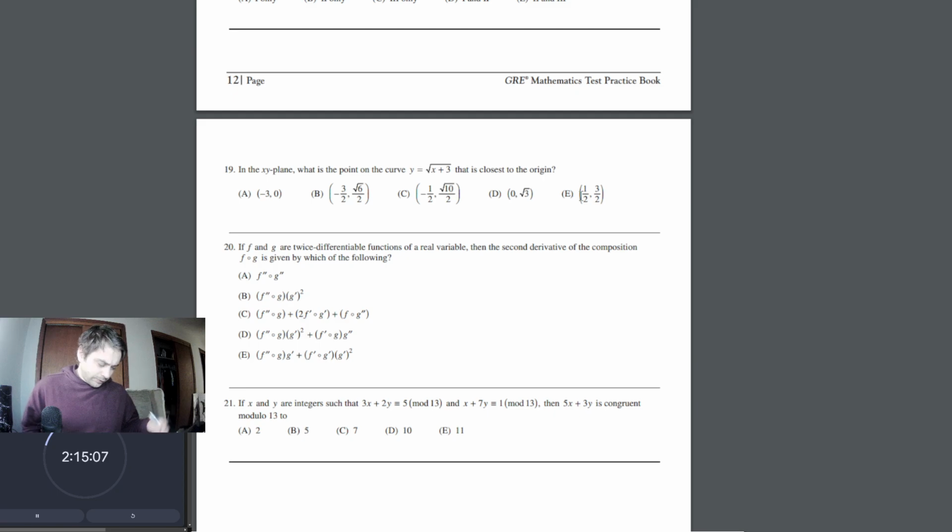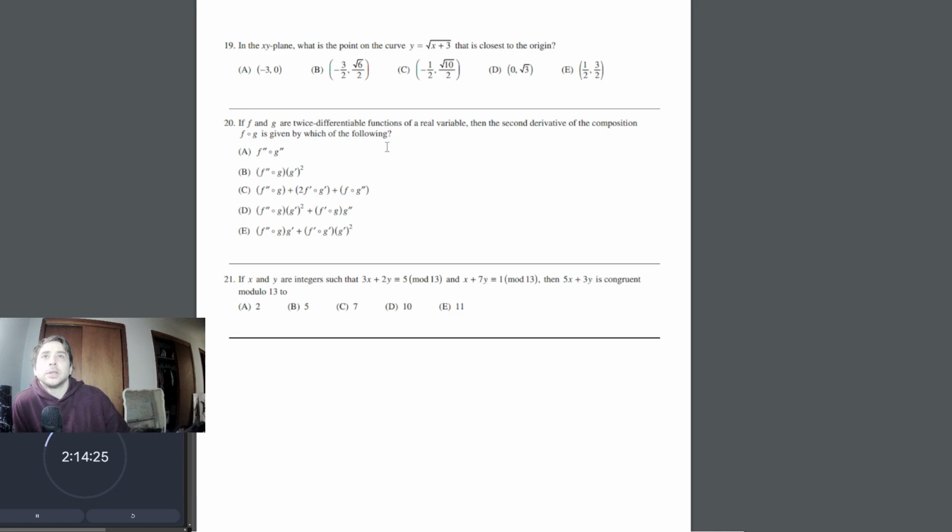I think 25 by 25 is way higher than 500. Yeah. 625. Okay, that's 850. Bigger than the square root of 3. Got another one.